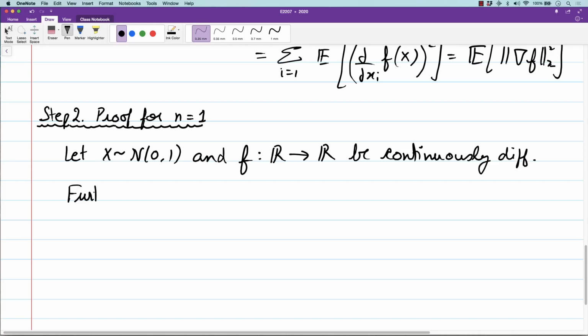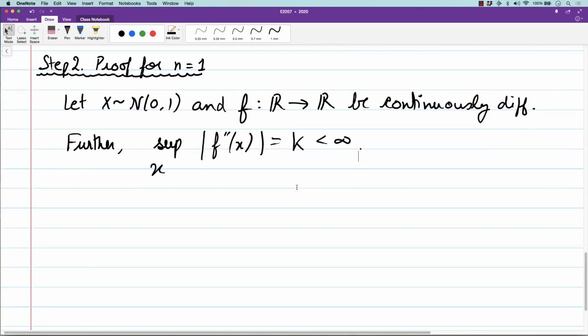Further, we have a bound on the second derivative. Further, f double prime of x, this is some assumption, I should be careful to write sup all the time, the sup over x of f double prime of x is some K which is finite. Okay, that's the second assumption.